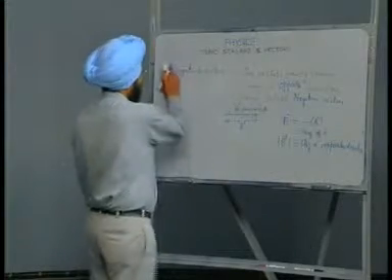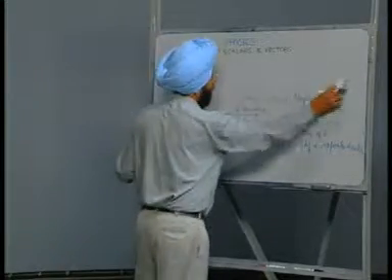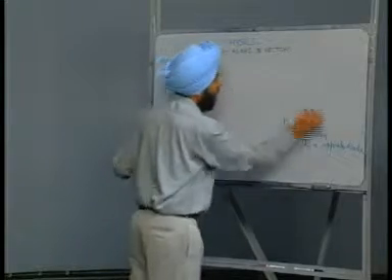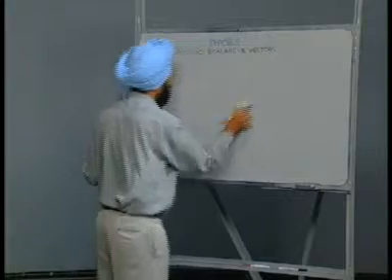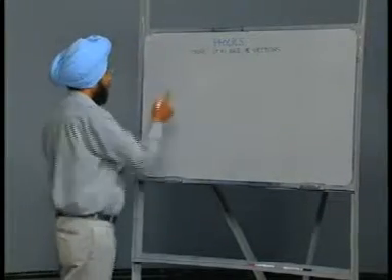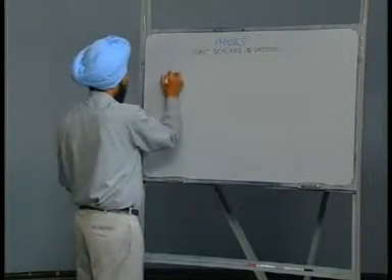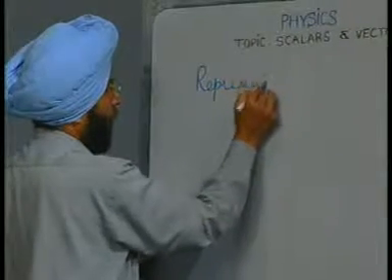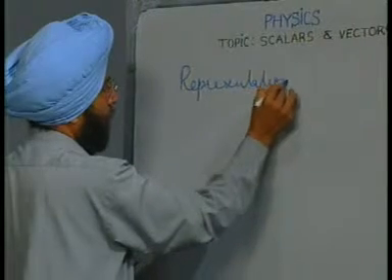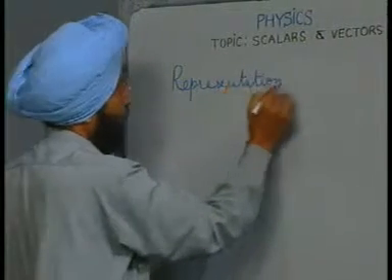Now, as we have seen here, if we are to show vectors of larger magnitudes, then we will have to use some scale representation of a vector.